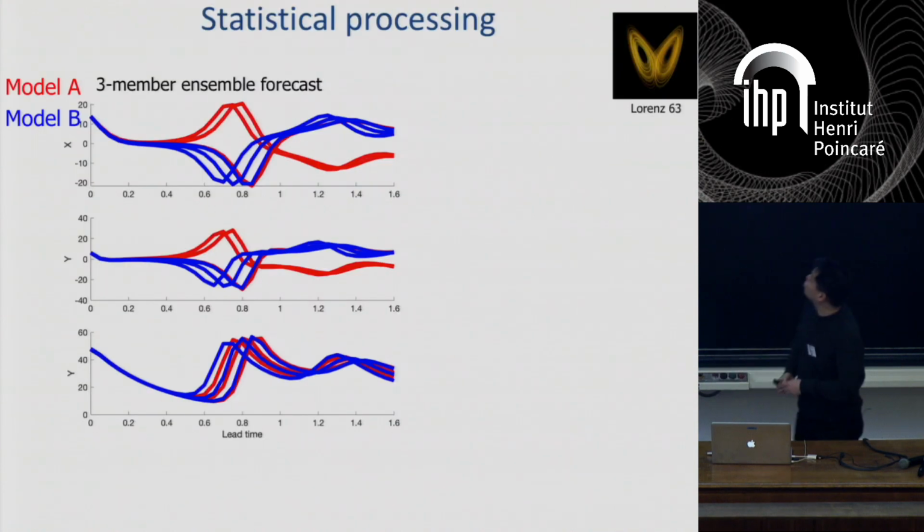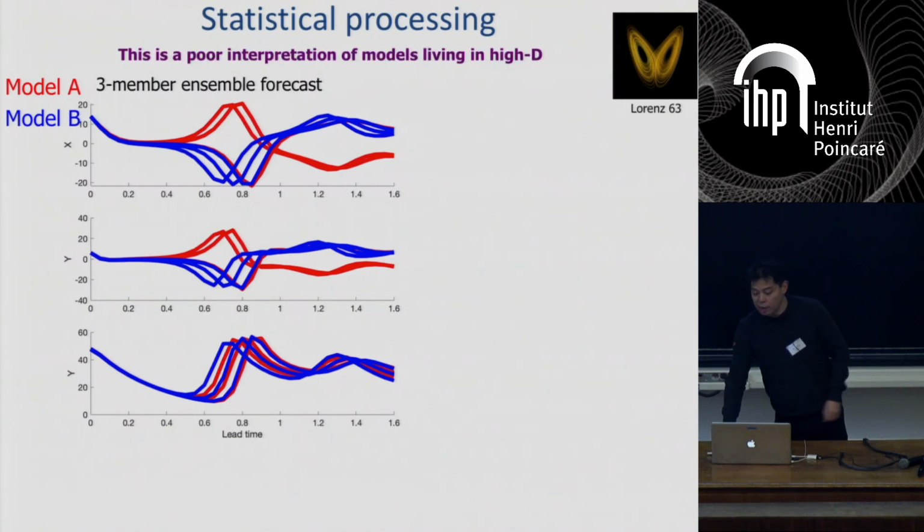For example, if we think about a Lorenz 63 example, let's say we have just model A and model B. Each of them has a 3-member ensemble forecast. This is the X variable, Y variable, and Z variable for each of the figures here. I understand that this is a very poor interpretation of models living in a high-dimensional space.